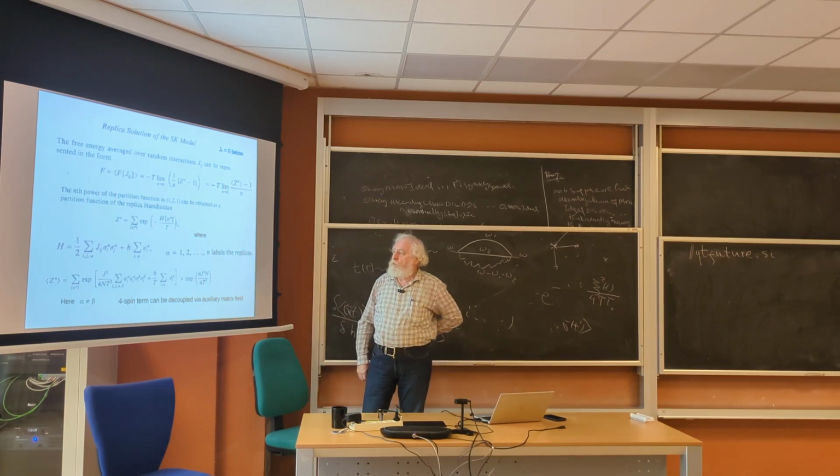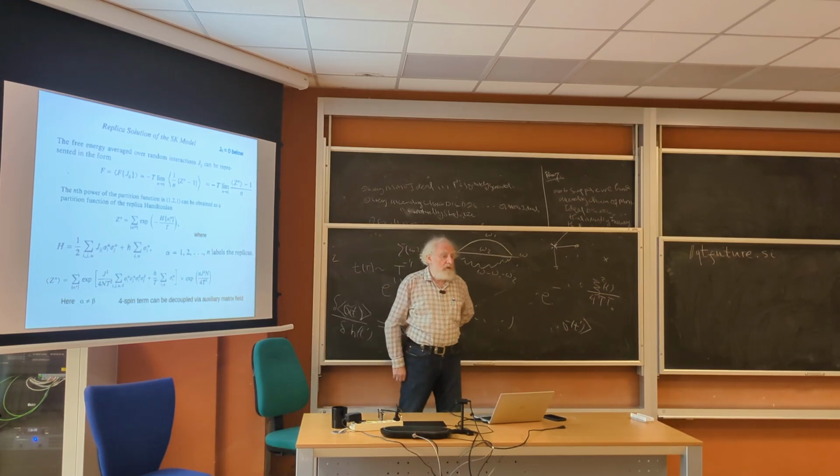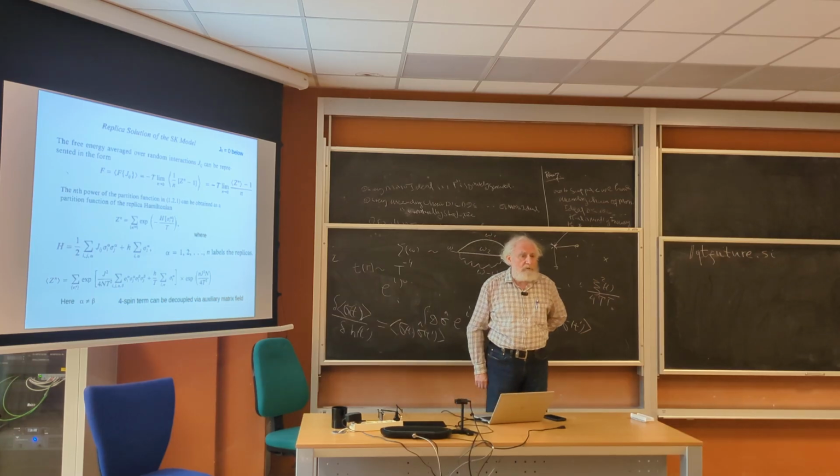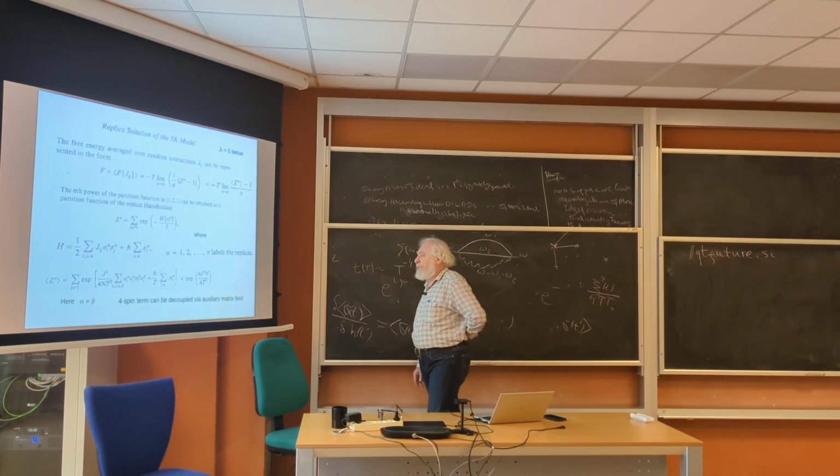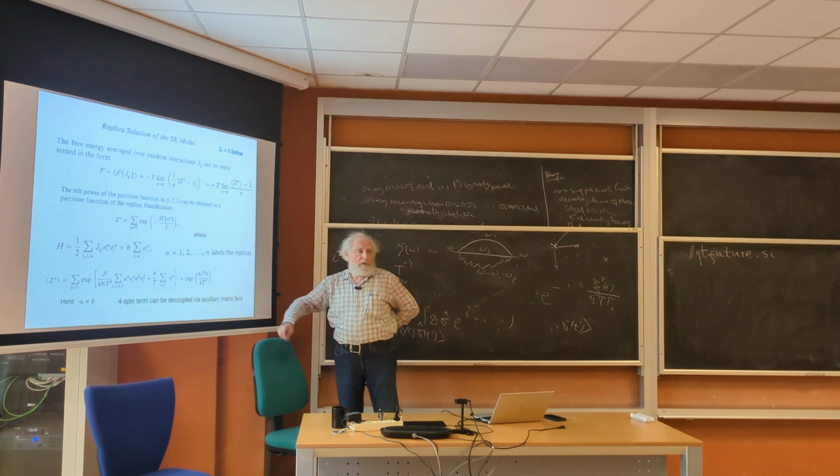The Gaussian average gives you these fourth-order terms in sigma. And here in this sum, the replica indices alpha are not equal to beta, because the terms with alpha equal to beta are trivial, because sigma squared is just 1. And that is taken care of by this factor.